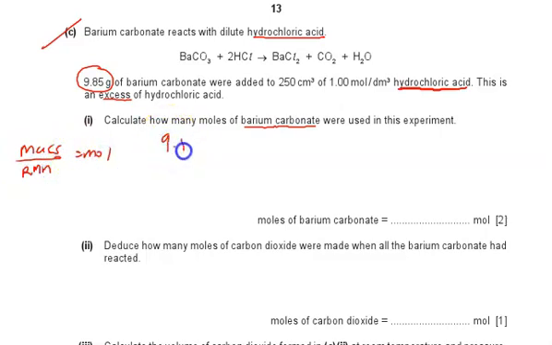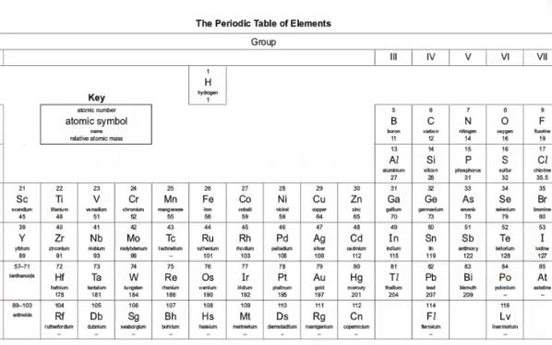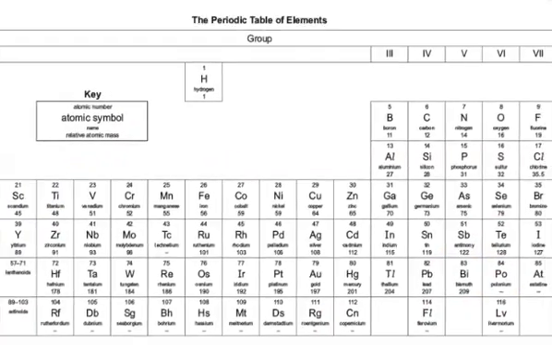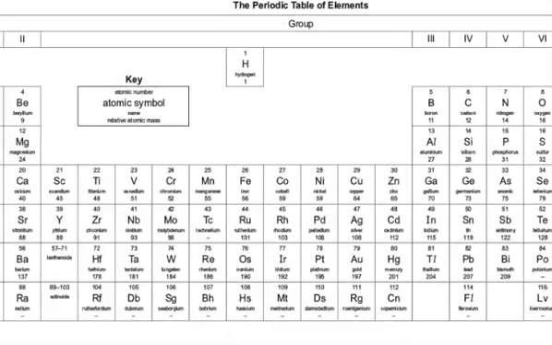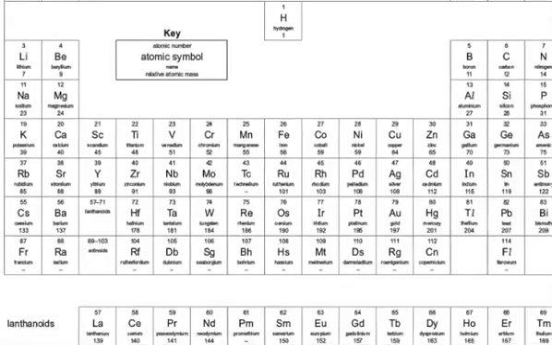So 9.85 divided by the RMM of barium carbonate, BaCO3. Carbon is 12, oxygen is 16. Let us check on barium. Looking at the periodic table, barium is 137.